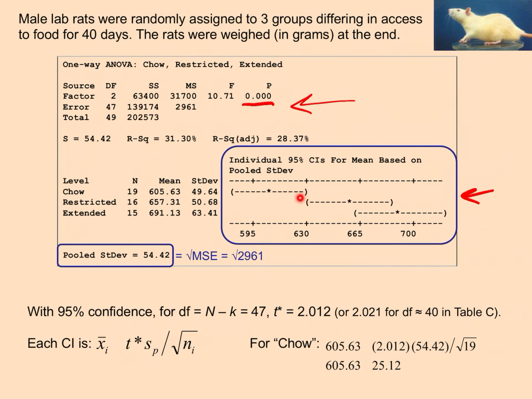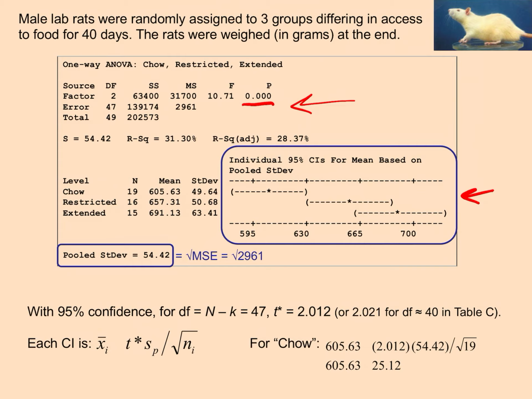It's close, they seem to butt up to each other, but they don't overlap. So that right there is driving some of our significance. If you did a t-test on these two means, you might see a p-value of 0.05 or just a little bit less than that. Now compare this confidence interval for Chow to this one for extended. There is no overlap between this one and this one. That's what's driving our significance. If you do a t-test on that, you'll get a p-value much less than 0.05.